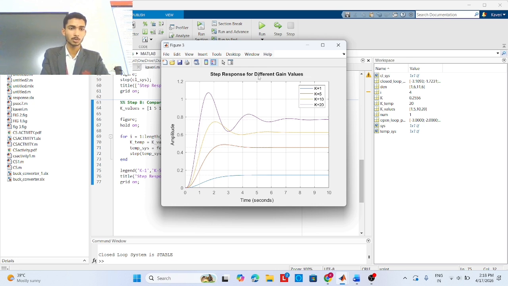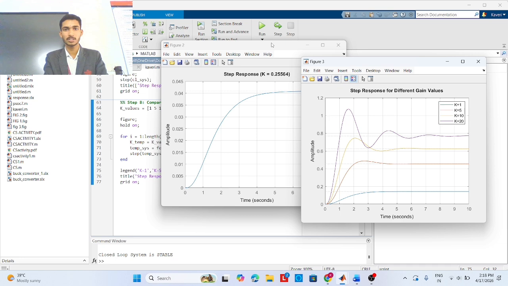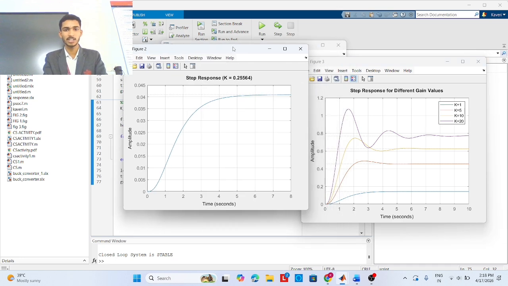When the poles move into the complex plane, the system becomes underdamped, leading to noticeable oscillation in the output response. These two graphs are there: one is amplitude versus time, and the second is also the step response for different gain values.